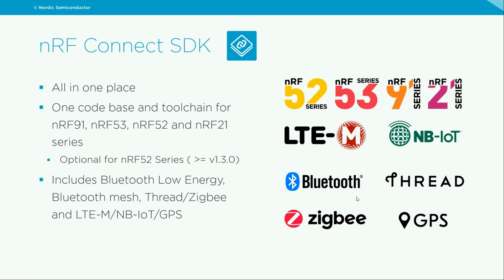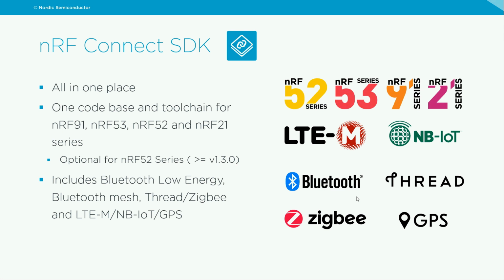So we do have one code base and toolchain for the nRF91 series cellular and the short-range nRF52 series and nRF53 series. And then we also have the nRF21 series, the radio front-end module, so the range extender.